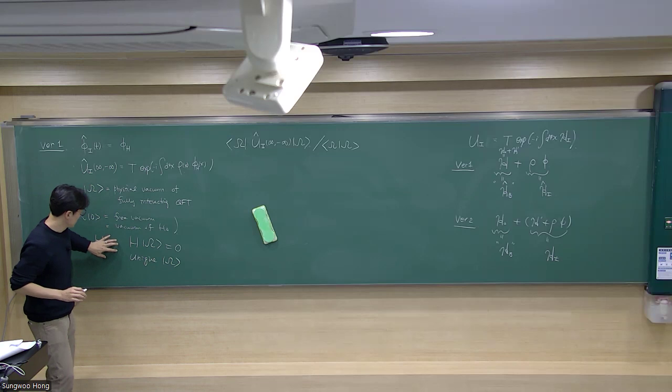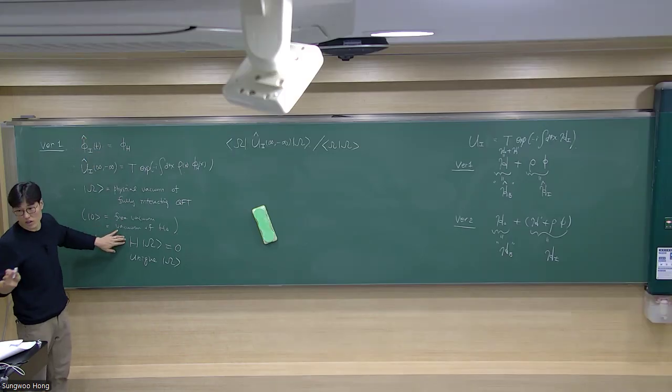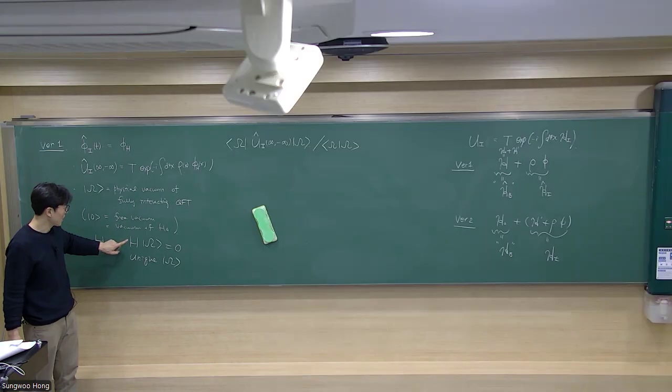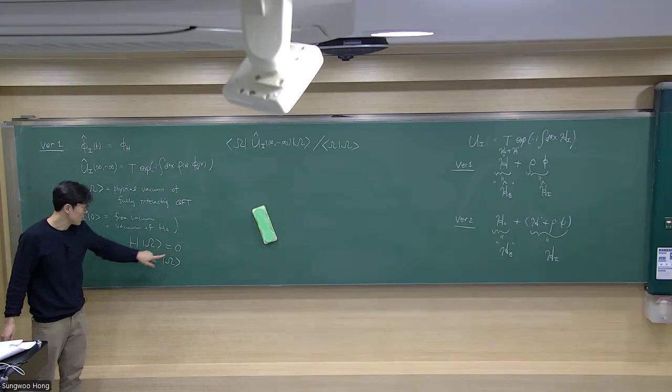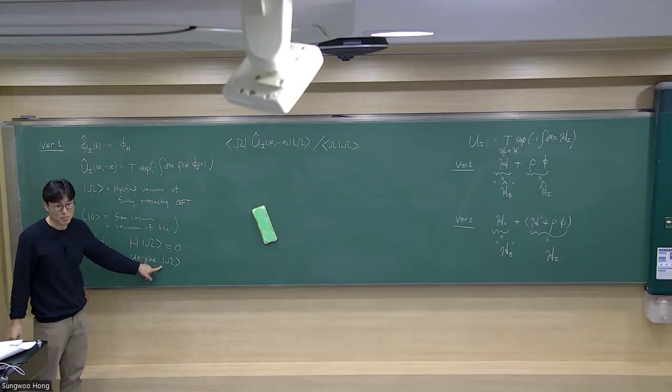I'm doing pure QFT, so I'm not worrying about the vacuum energy part. I'm subtracting the vacuum energy such that, given a full Hamiltonian, the vacuum corresponds to the zero energy state, and I'm assuming there's a unique vacuum.